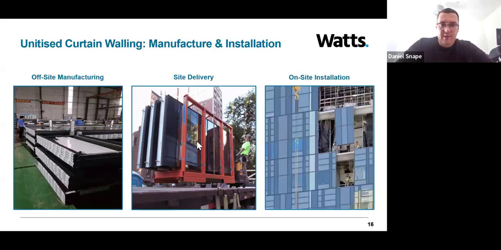In the second image, the middle image, you can see a typical delivery site. Panels are stored carefully in this instance to ensure they're not damaged in the transportation process, and then lifted into a storage position.